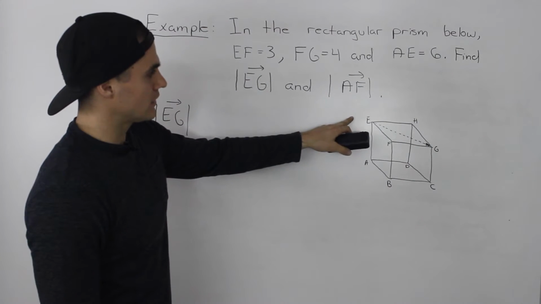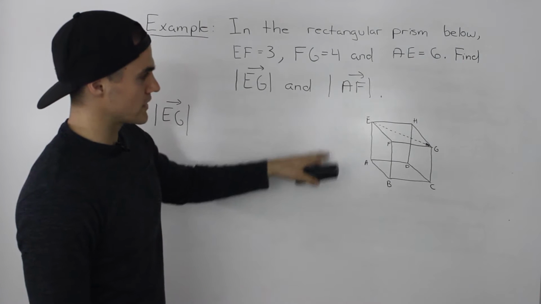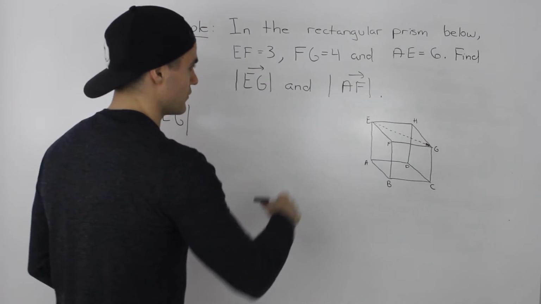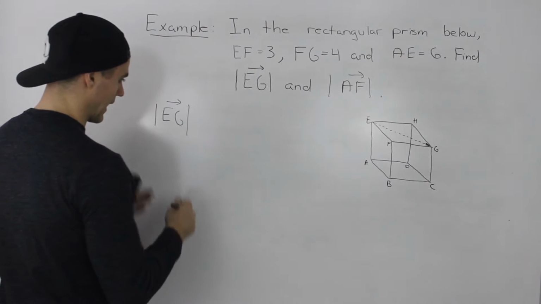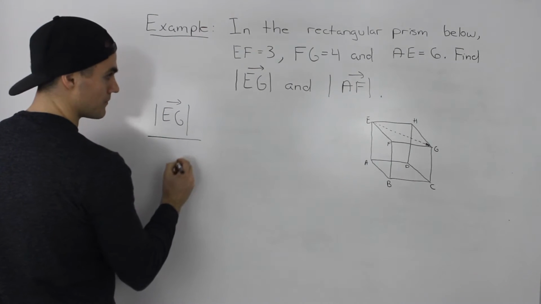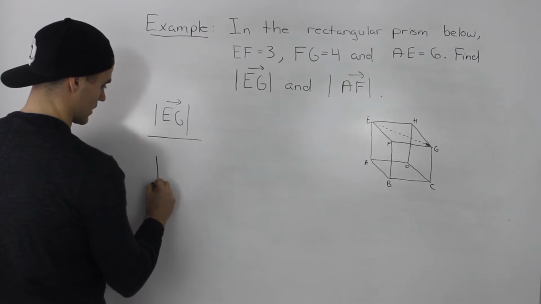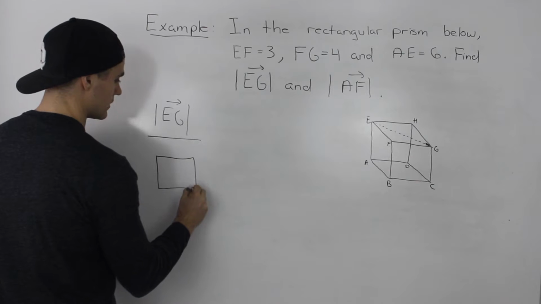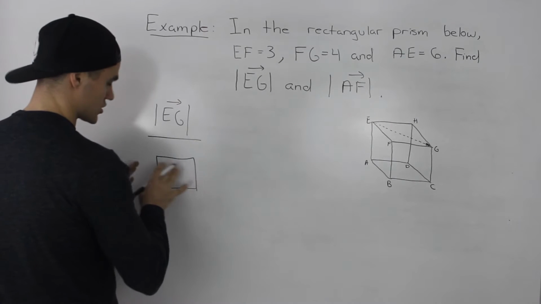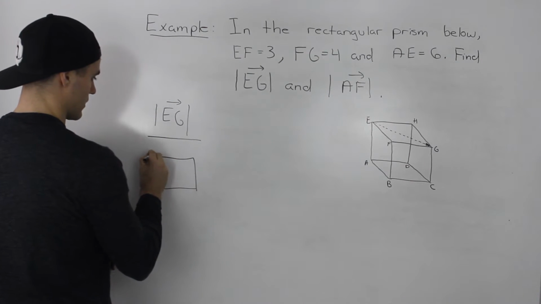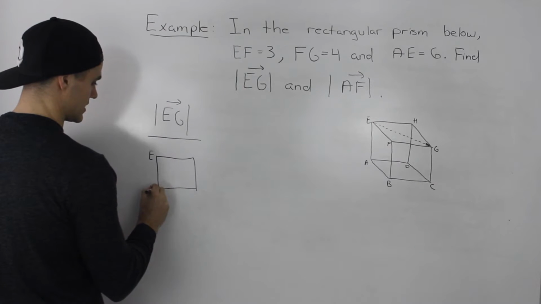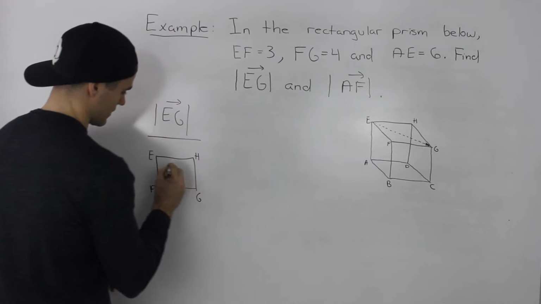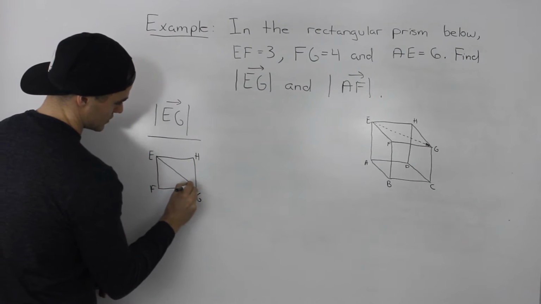Well, if you think about it, let's try looking at this rectangular prism from a bird's eye view, so from the top of it. And if we're looking at it from the top, what we would see is just a rectangle with vertices E, F, G, and H. And then we have this vector here.